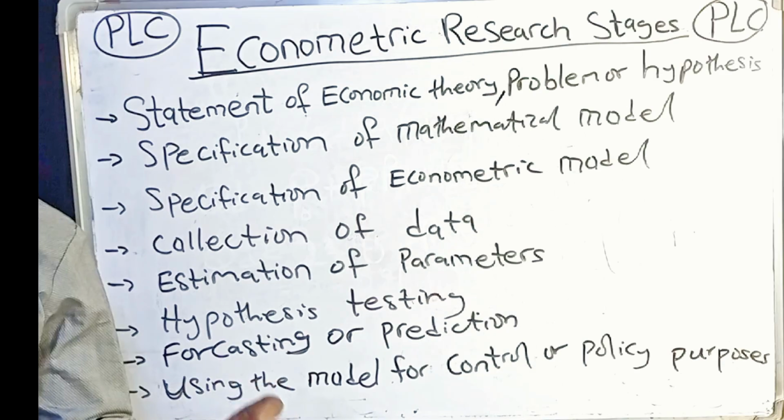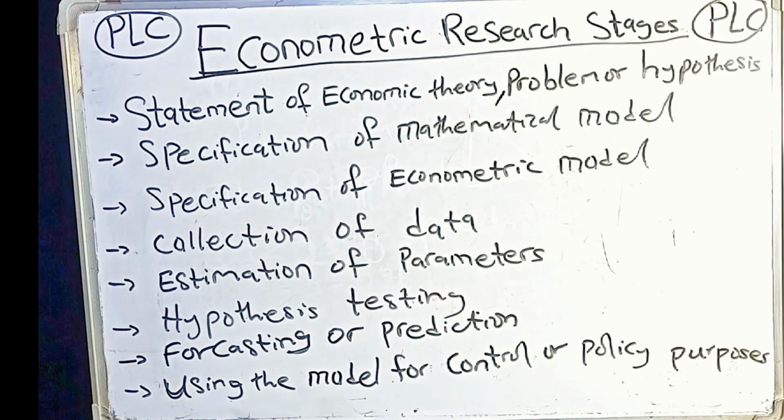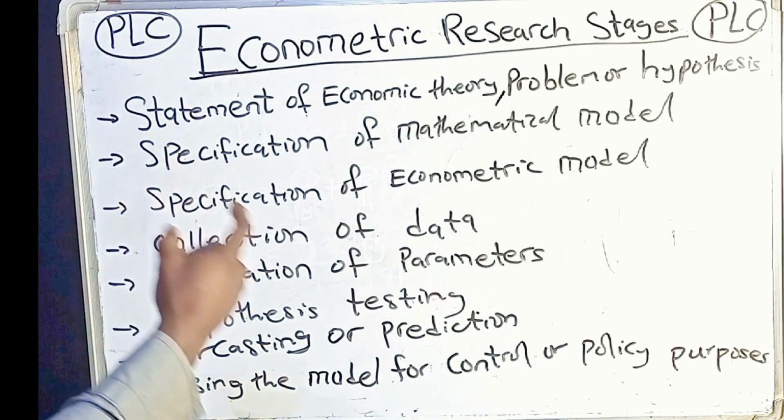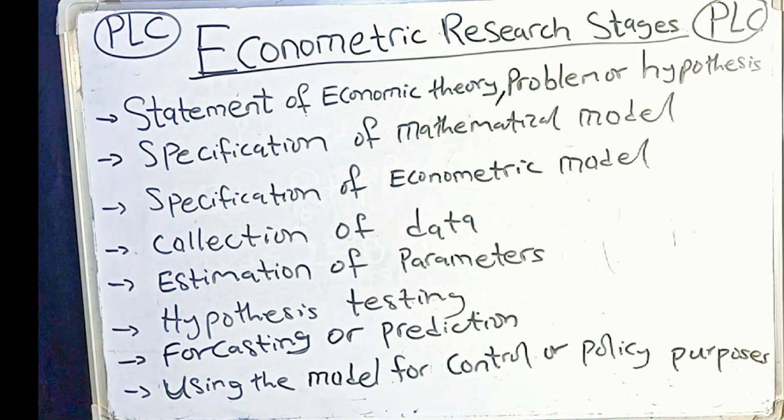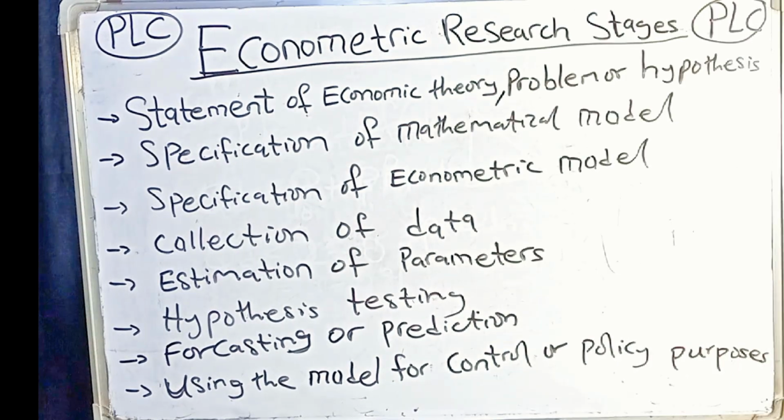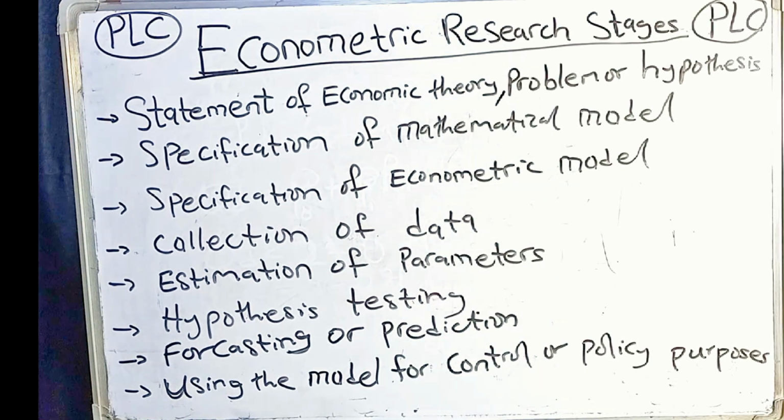In an econometric study, we start first with the statement of econometric theory. That is the theory we want to verify, or state an econometric problem or a hypothesis that we are interested in analyzing, making an empirical analysis.